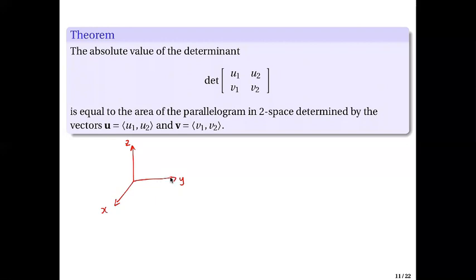On the XY plane, the third component will be 0. Which means if we look at the vector u in three space, you can have the vector u with components u1, u2, comma 0.